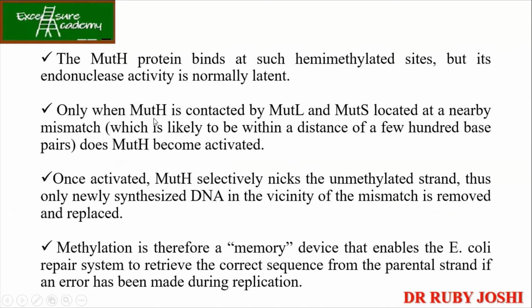When this MutH is contacted by MutL and MutS, which is near the mismatch, only then MutH becomes activated, and MutH is the endonuclease. It selectively nicks the unmethylated strand, so only the newly synthesized DNA in the vicinity of the mismatch is removed and replaced. Here the methylation is acting like a memory device, in the case of E. coli.